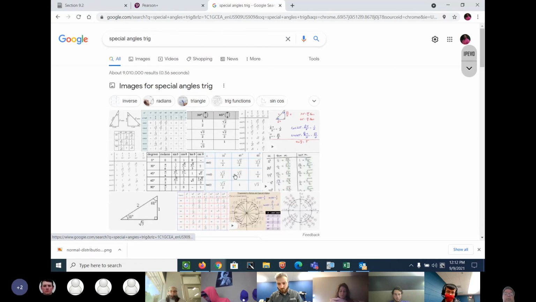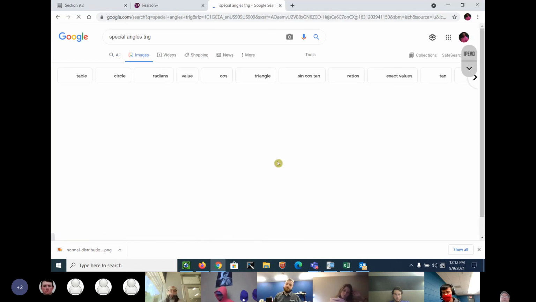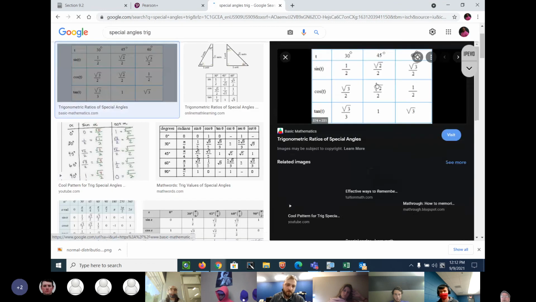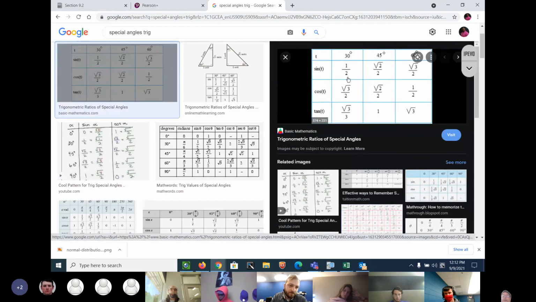And they should have them. Here they are right there. And there they are. 1/2, square root of 2/2, square root of 3/2, square root of 3/2, square root of 2/2, 1/2. Square root of 3/3, 1, and square root of 3.